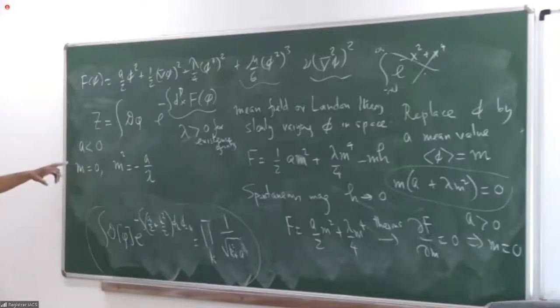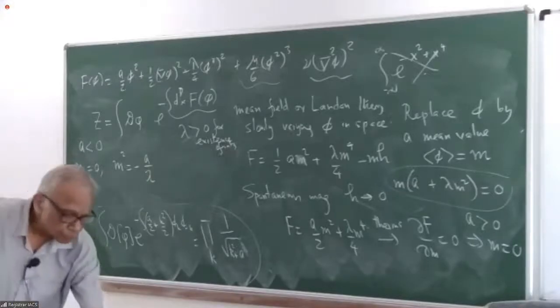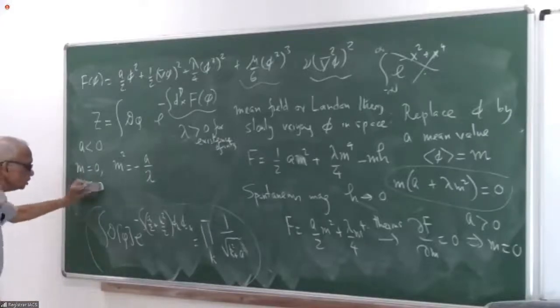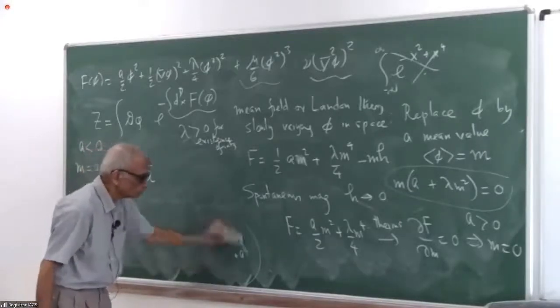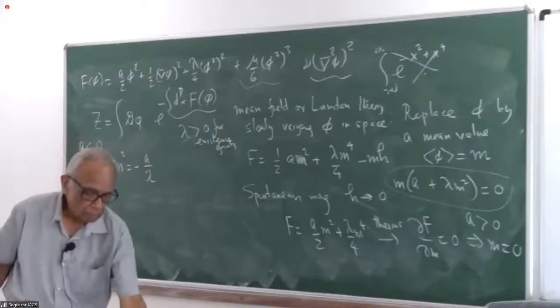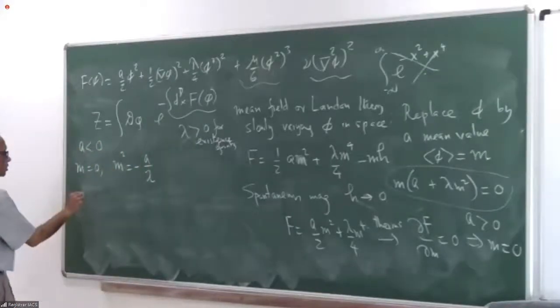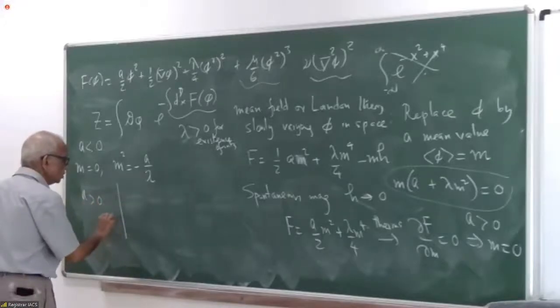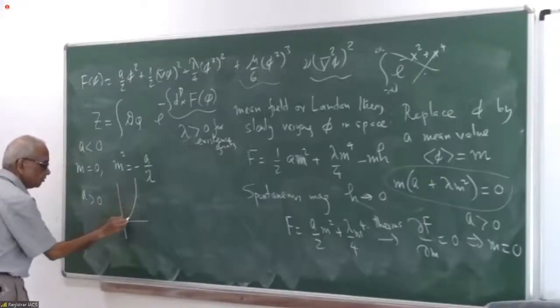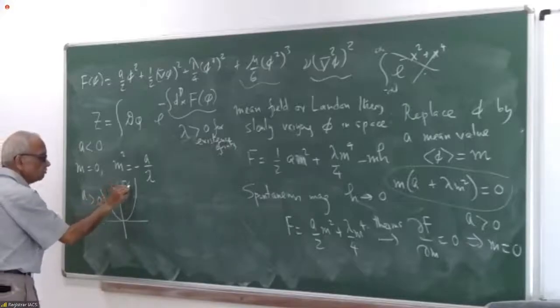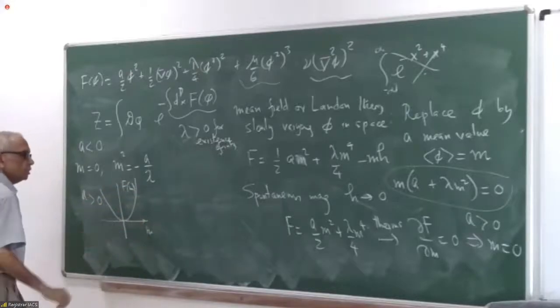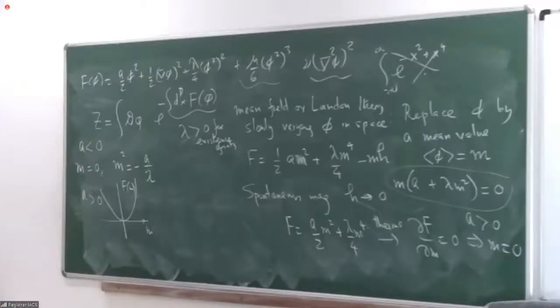Now which one of them? Then you have to look at the free energy, which is what is going to be minimized. If A is positive, this is F of M versus M, and the free energy looks like this.